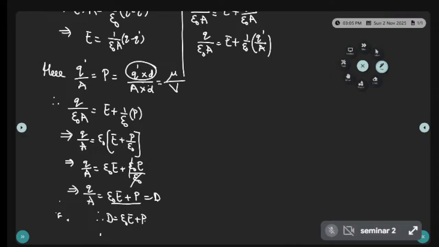And it is a vector quantity given by D is equal to epsilon naught E plus P.